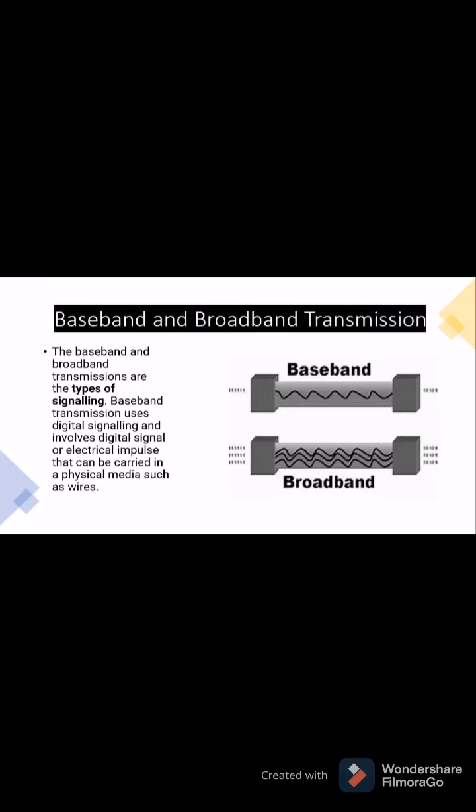Baseband and broadband transmission. Baseband and broadband transmission are types of signaling. Baseband transmission uses digital signaling and involves a digital signal or electrical impulse that can be carried in a physical medium such as wires. As you can see in the right, there is an example of baseband and broadband.